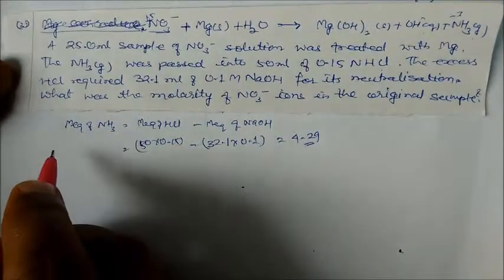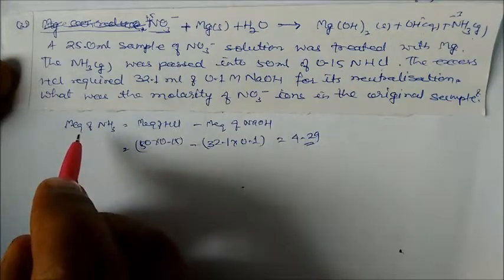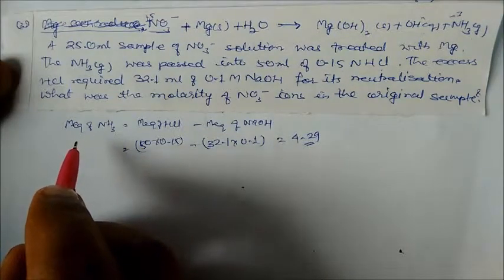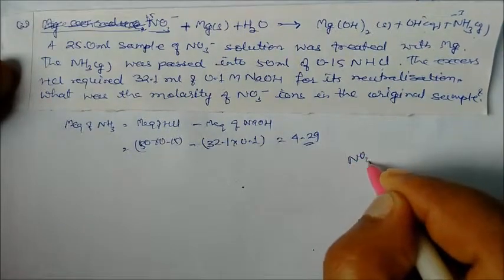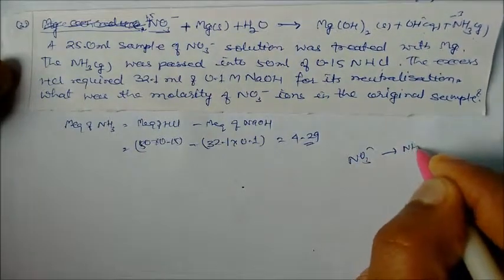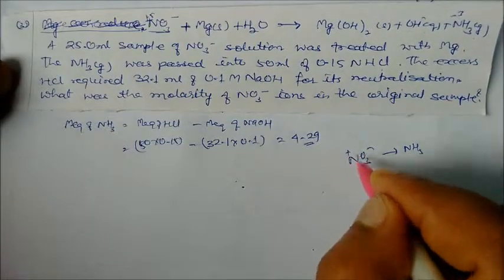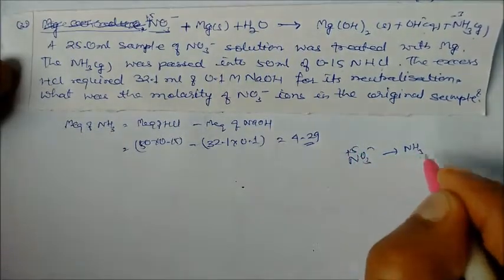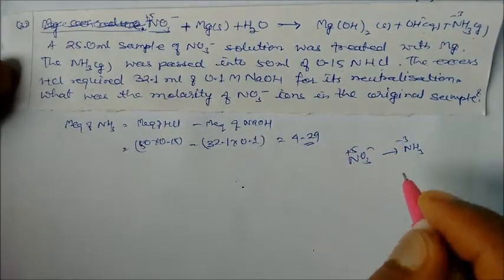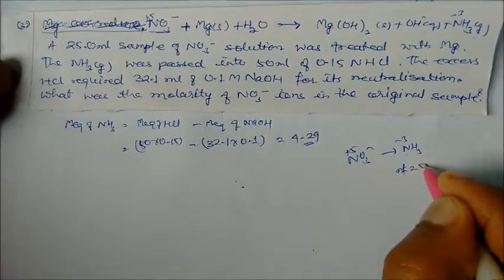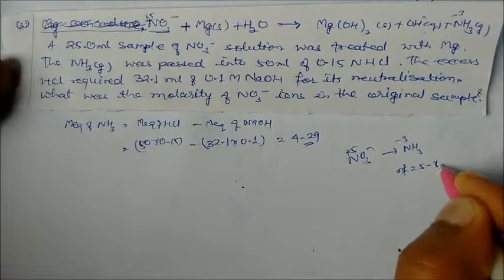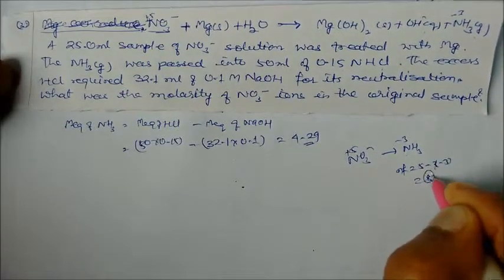Now the nitrate is converting into ammonia. Here the oxidation state of nitrogen is +5, but here the oxidation state of nitrogen is -3. So what will be the n factor? 5 minus -3 will become 8. So the n factor is 8.